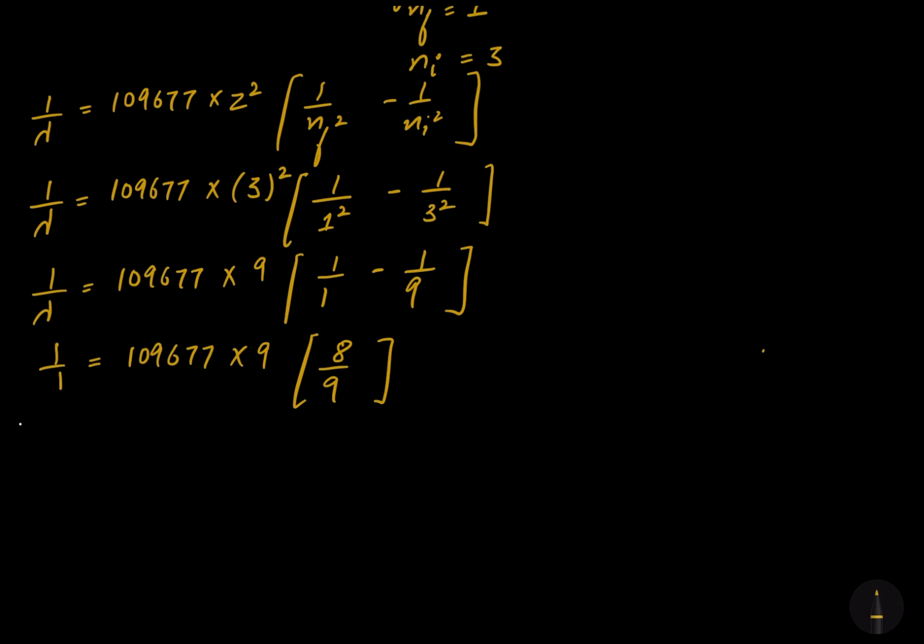So that's my 1 by lambda. Now my final wavelength comes out to be 1 divided by 109677 into 8, and this unit is in centimeters. And my final wavelength comes out to be 114 in the units of angstroms.